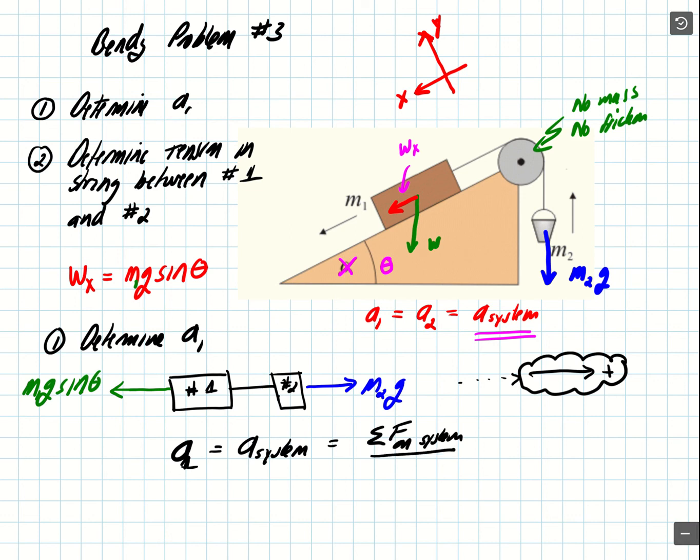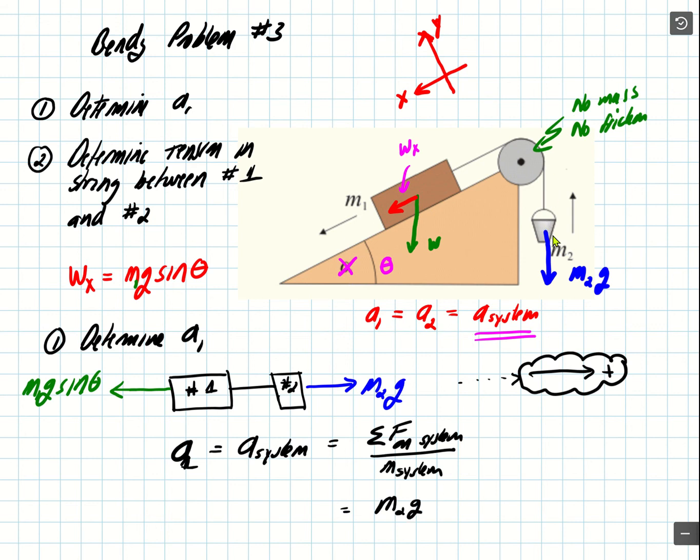Okay, then I divide that by the total mass of the system. Okay, now for the net force, I just put in my two forces that would tend to cause this thing to accelerate. In the positive direction, I have the weight of object number 2. So that's positive, m2g. That's this guy right here.